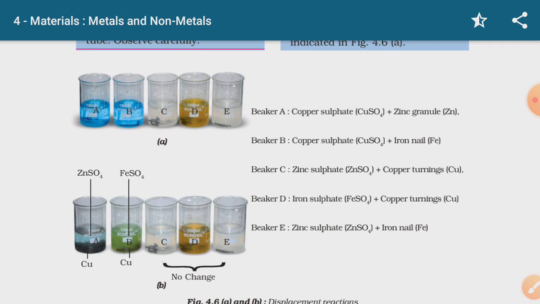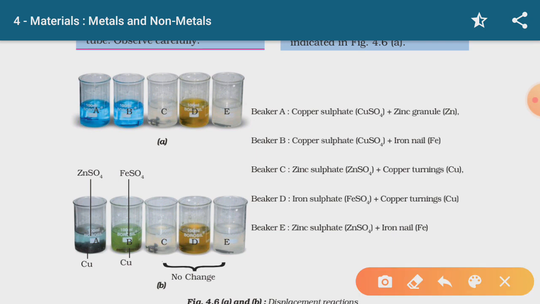It is observed that when an iron nail, or iron filings, either of the two, is put in copper sulfate solution, the color of the solution changes from blue to green and a reddish brown coating of copper is seen on the iron nail. This happens because a more reactive metal can displace a less reactive metal from its salt solution. Such a reaction is called a displacement reaction.